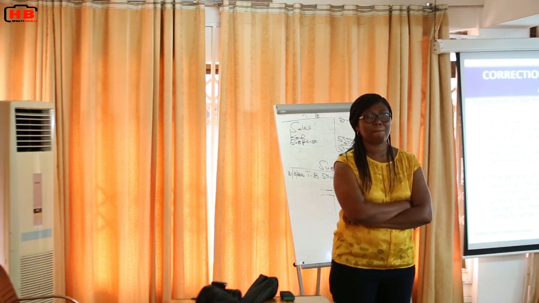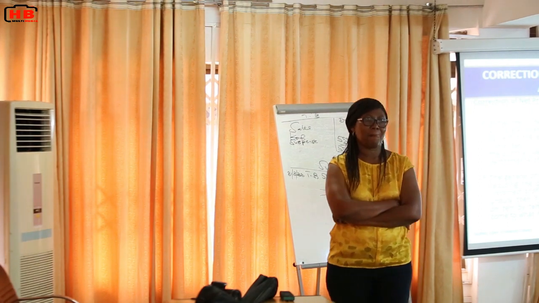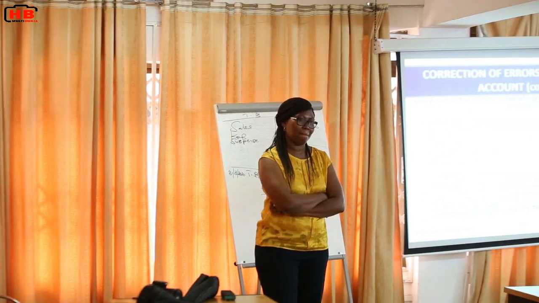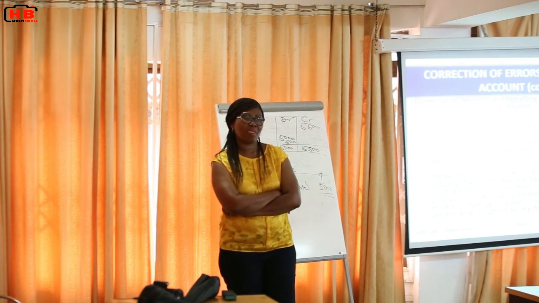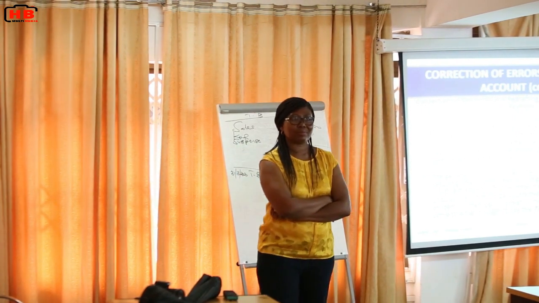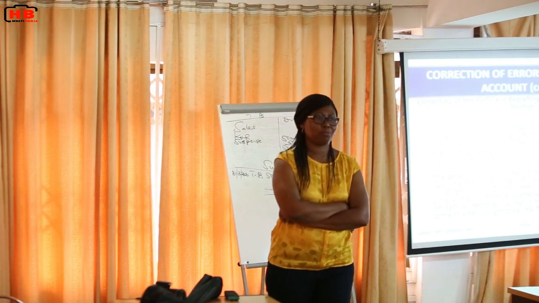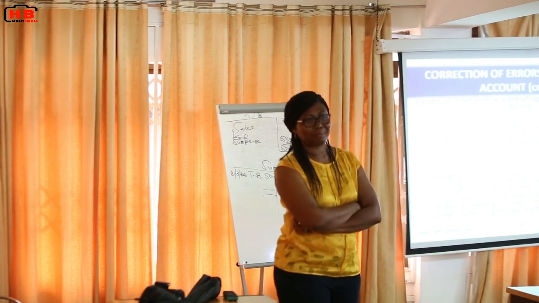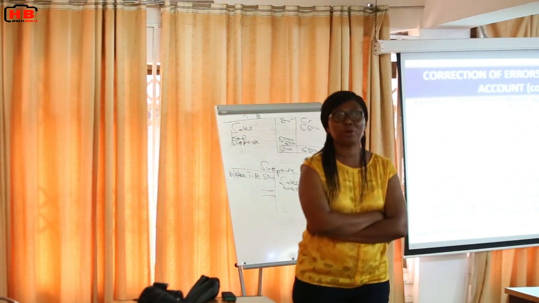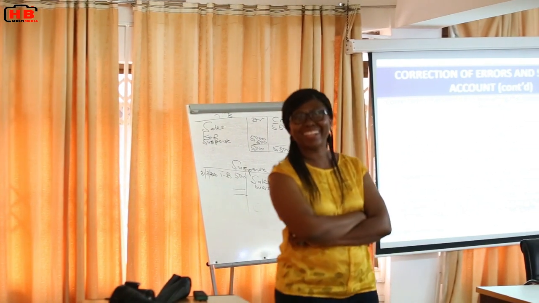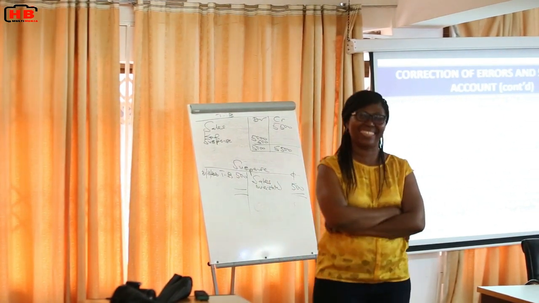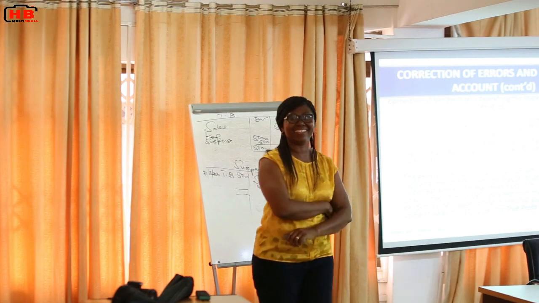So his point is that if you don't include some of the asset values in your statement, then it means your depreciation values are likely to be understated, which will affect profit. But the challenge is how will you determine the depreciation on an asset that is not recorded at all? That's a smart way of thinking.